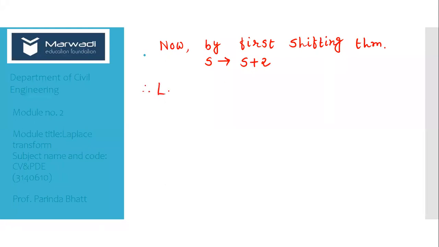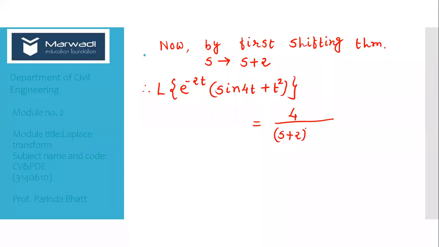Therefore, Laplace of e raised to minus 2t times sine 4t plus t square, when this function is multiplied by e raised to minus 2t. Therefore, on the right hand side, the change is only in each and every term: 4 by (s plus 2) square plus 16, plus 2 factorial by (s plus 2) whole cube.